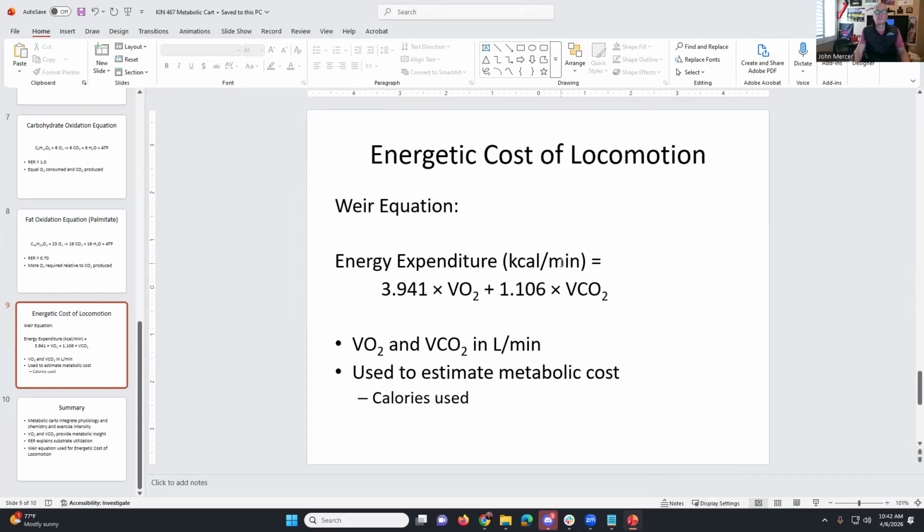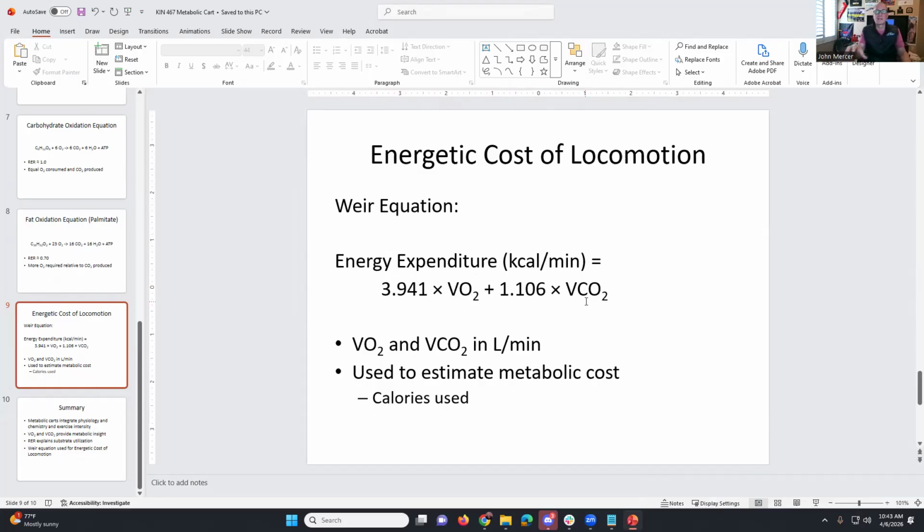So calories is a unit of heat, but it equates to the energy used to transform potential energy in the chemical state to mechanical energy in essence. And this is the equation, 3.941 times rate of oxygen consumption, this should be a dot over that, plus 1.106 times VCO2. And so here, to calculate the amount of calories used during exercise, we need both VO2 and VCO2.